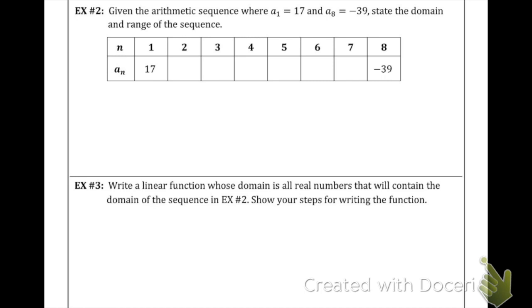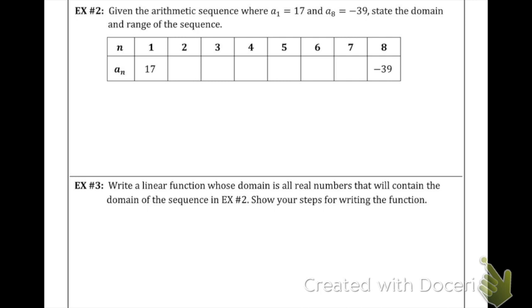So example 2 says, given the arithmetic sequence where a sub 1 equals 17 and a sub 8 equals -39, state the domain and the range of the sequence. Well, we just said that an arithmetic sequence is the same as a linear function. The common difference is the rate of change of that linear function, also known as the slope.